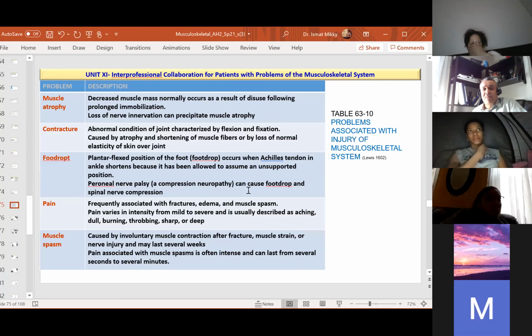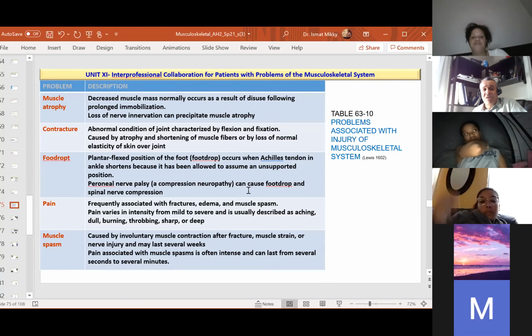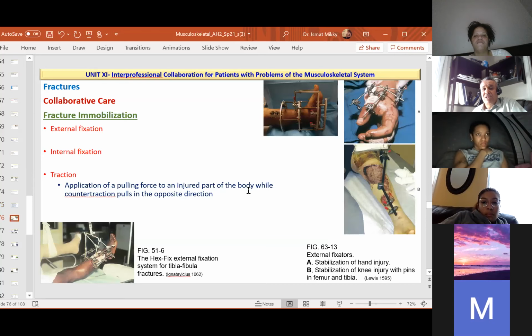And the most important complication post cast application is the pressure when the cast dries out. If it's too tight, especially on the lower or upper extremity, it has to be removed, because that high pressure on the extremity results in a cut of blood supply.